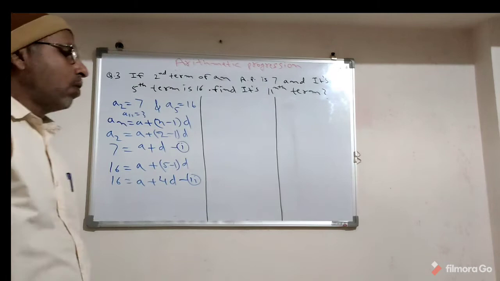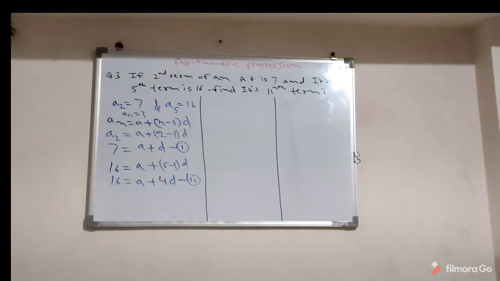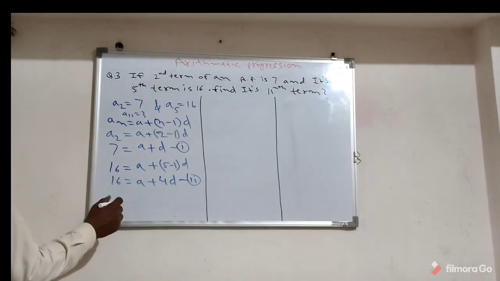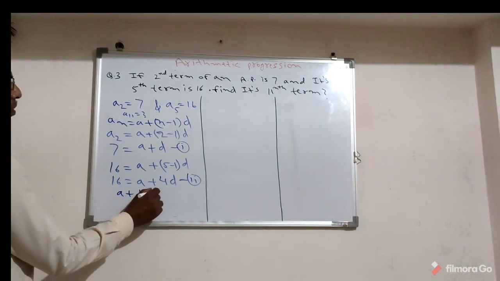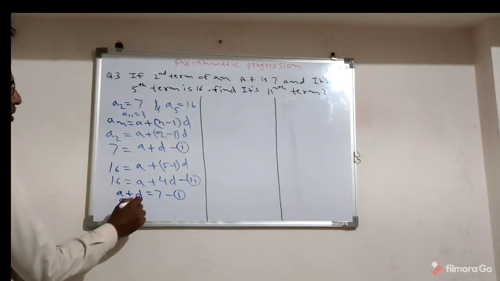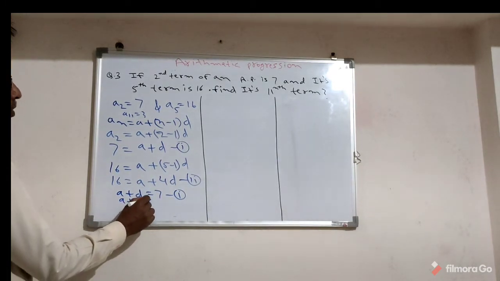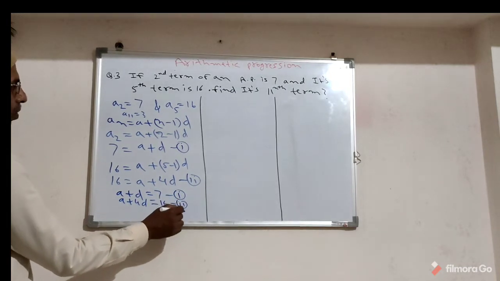Now we solve the equations by the elimination method. Rewrite the equations together: A plus D equal to 7, equation first, and A plus 4D equal to 16, equation second.